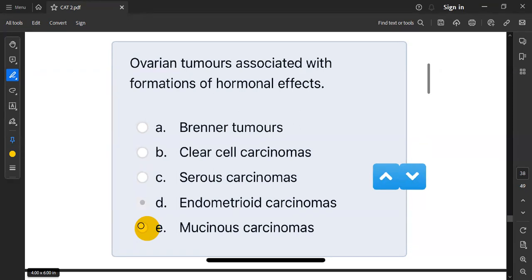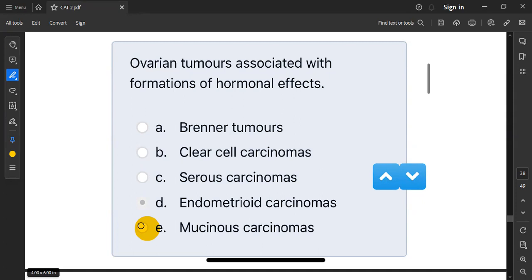It is also the most common non-endocrine cell ovarian tumor accompanied by hormonal manifestations. For this, it will be mucinous carcinomas.